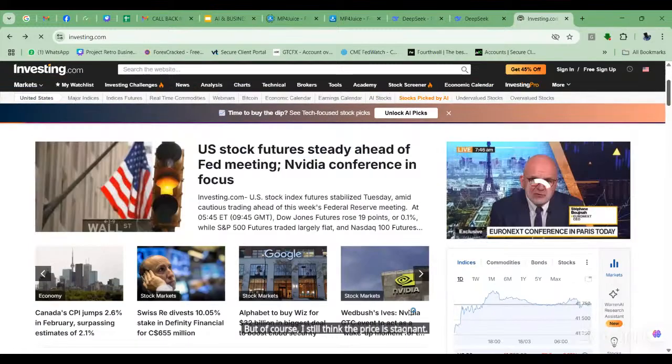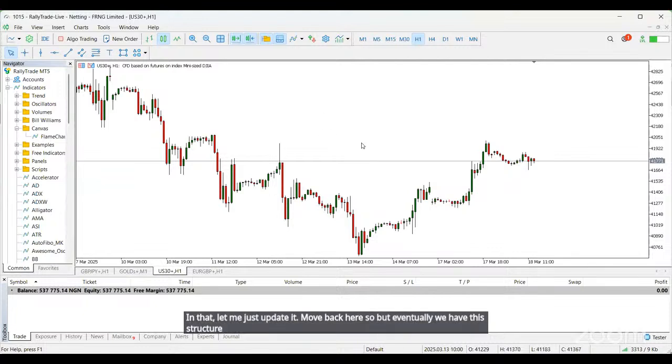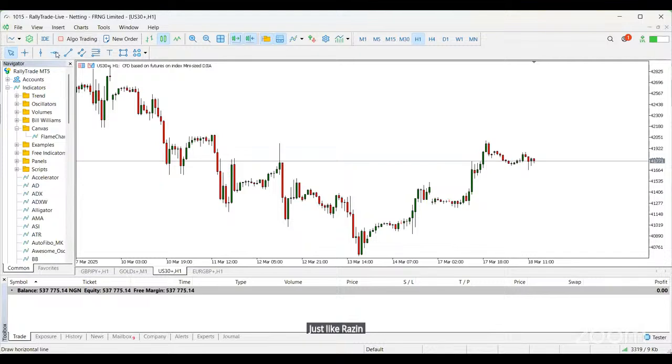So eventually, I'm going to share my second screen, which is the chart I was looking at. Let me come here and go back here. But eventually we have this structure. Right now we are beginning to see a break of structure and a retest, just like Razvan explained. So if I click on horizontal line, like so, have it here.